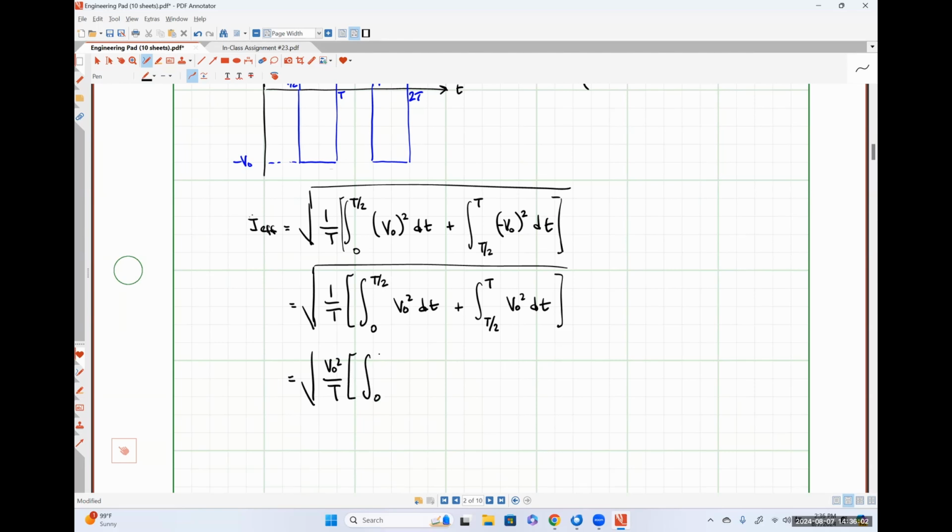The integral from 0 to capital T over 2 of dt plus the integral from capital T over 2 to capital T of dt. What is the value of this thing that I've underlined?